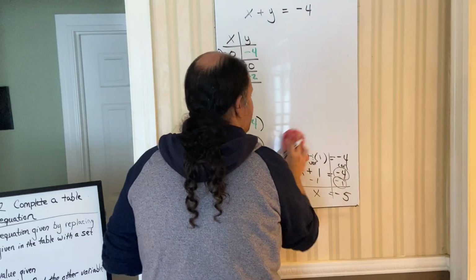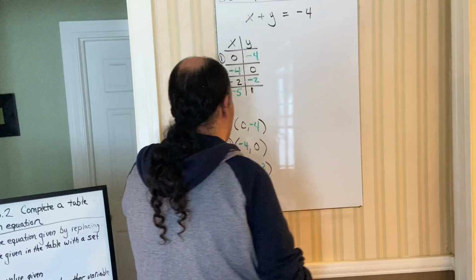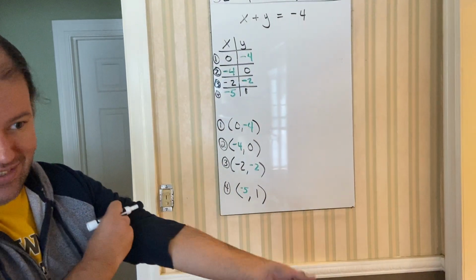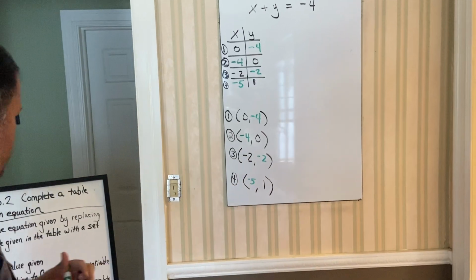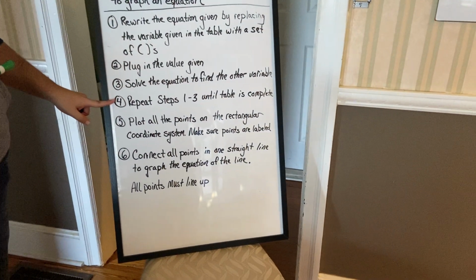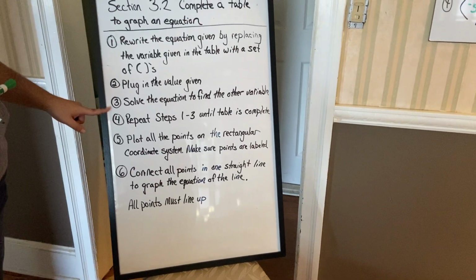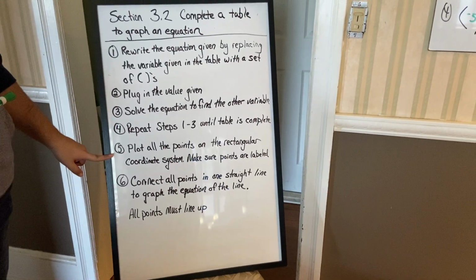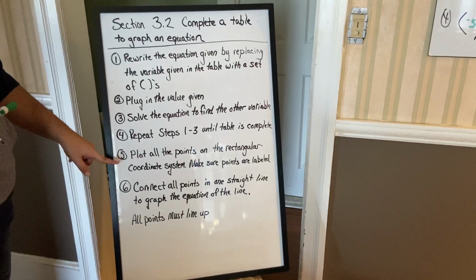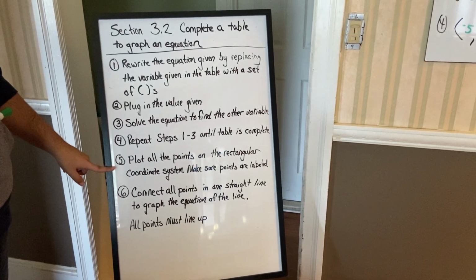What they want you to do next is plot all these points on a rectangular coordinate system. So once you complete 1, 2, 3, and then 4 says repeat the steps until the table is complete. Step 5, what you want to do is plot all the points on the same rectangular coordinate system.